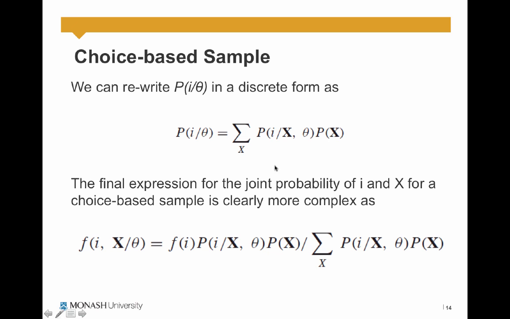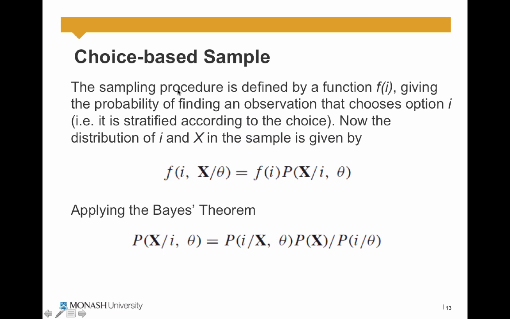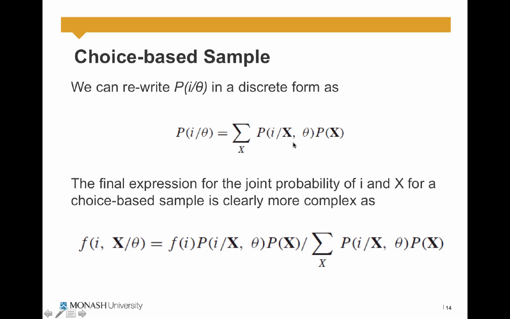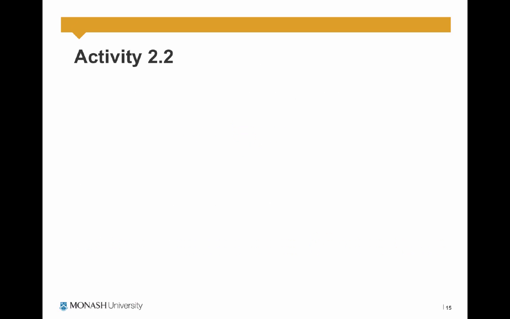If we rewrite that part of pi conditional on theta in a different way, in a discrete form, as a summation of probabilities, we can then rewrite the final expression of the joint probability of I and x for a choice-based sample as it is shown here, which is pretty ugly, or more precisely, very complex, as we see it here.